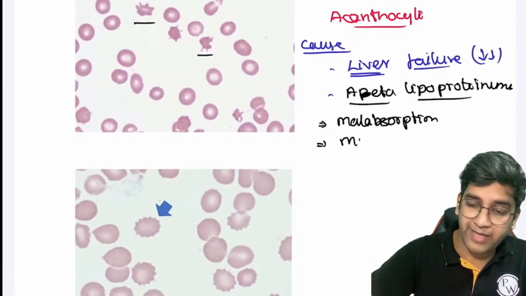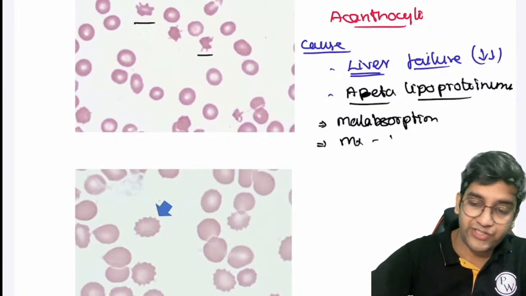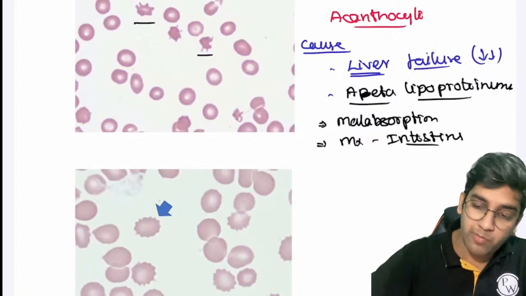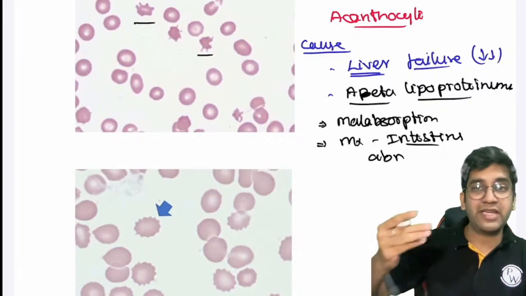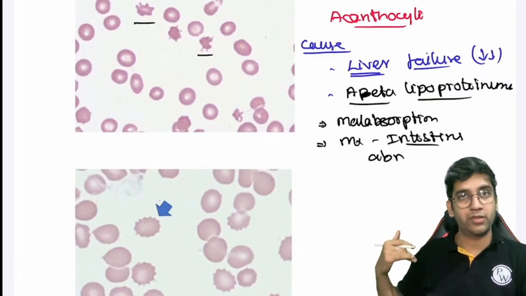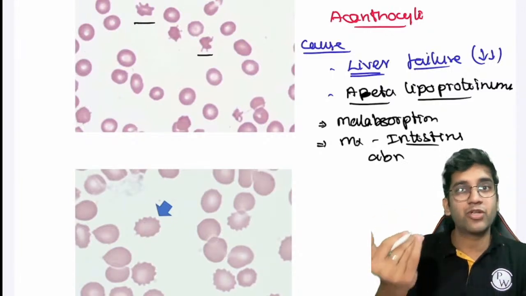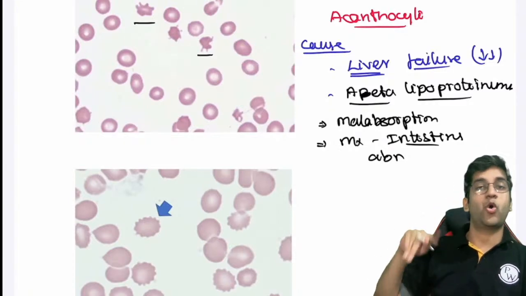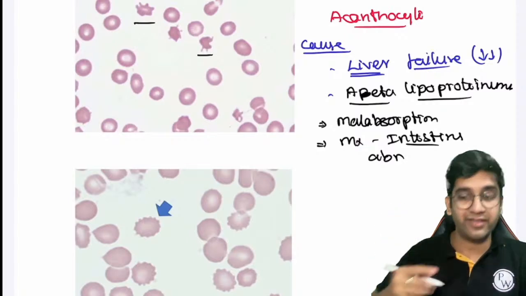And if you see the microscopy of the intestine, you'll have an abnormal fat accumulation. It's not being absorbed into the bloodstream, but from the food it comes into the epithelium. From the epithelium it doesn't come into my bloodstream, so all the fat will get accumulated in the epithelium, right?